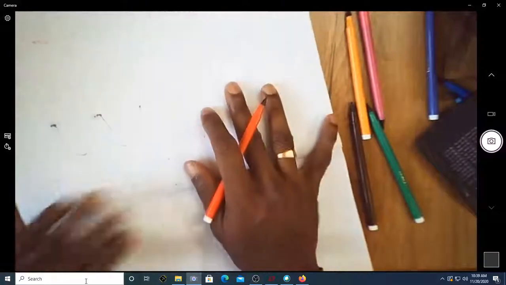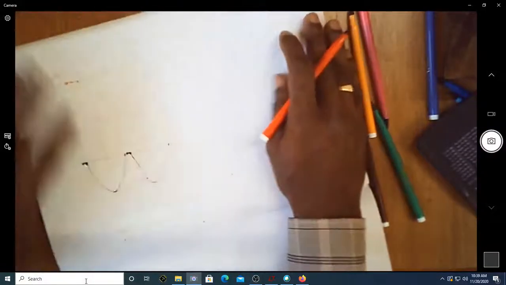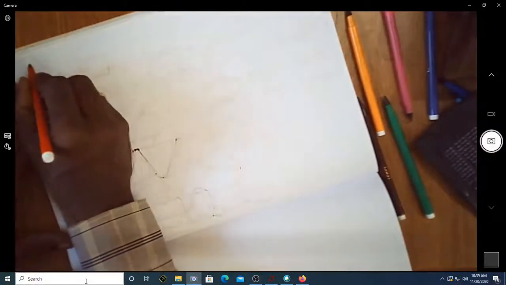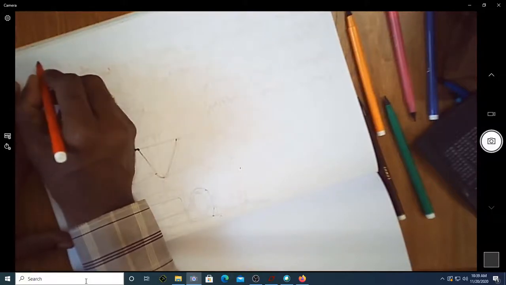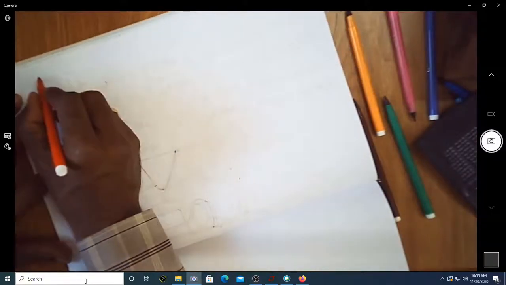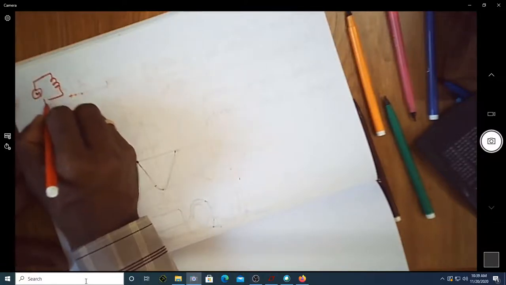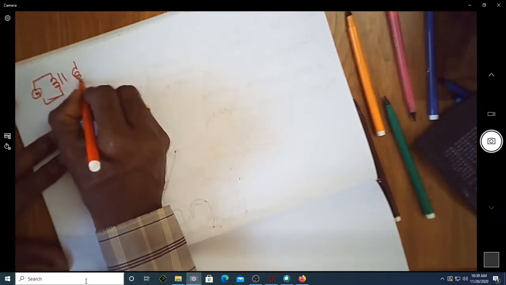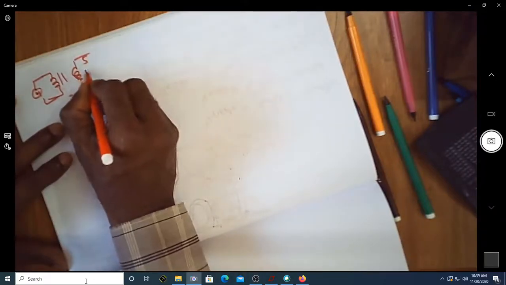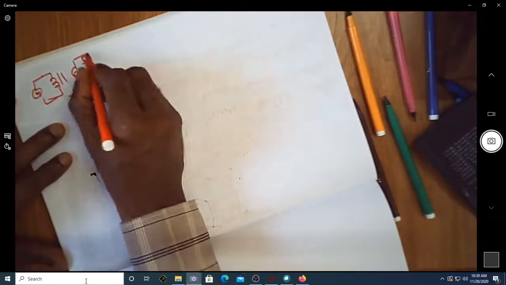So maybe we can do one such design over here. Let us consider the secondary of the transformer. Let me write the circuit diagram. So let us try to find out. This is a 5-0-5 transformer.